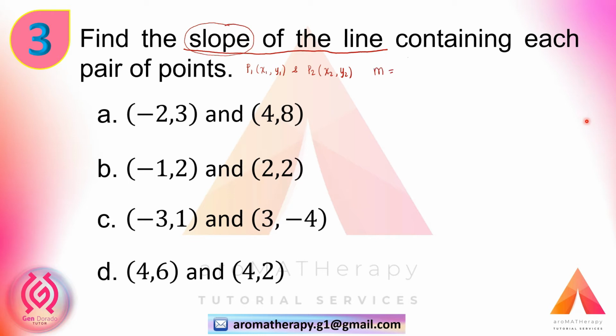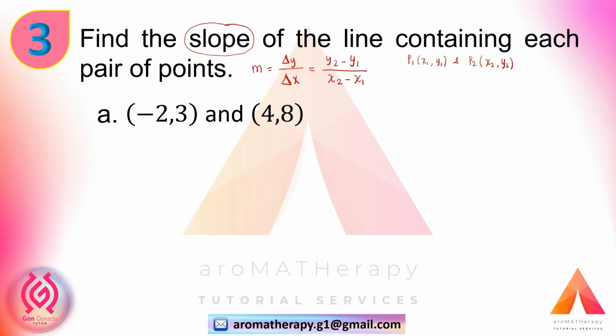M is equal to change of y over change of x, which is also equal to y sub 2 minus y sub 1 over x sub 2 minus x sub 1, such that your x sub 1 and x sub 2 is not equal. Okay? Understood? Take note of this formula in solving for the slope of the line.